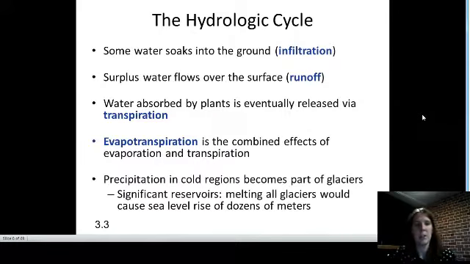Now, transpiration and evaporation are very hard to quantify, so they're typically combined into a single effect called evapotranspiration, which is a general catch-all for movement in the water cycle based on these two effects. And then precipitation in colder regions becomes a part of glaciers, which are significant long-term reservoirs in the hydrologic cycle.